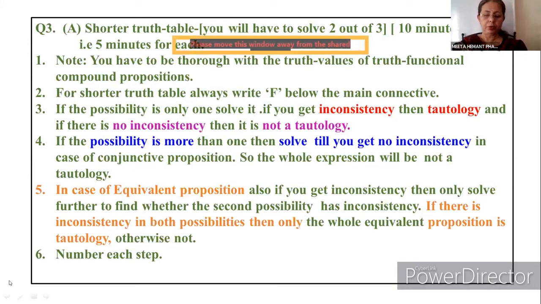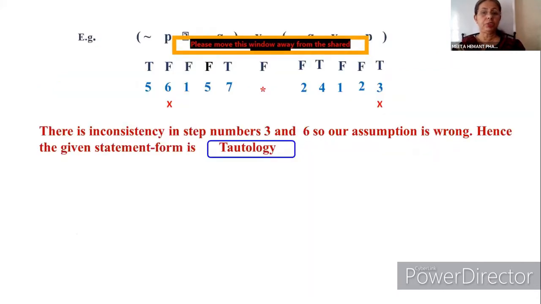Let us take one example. See the solved example here. You have got inconsistency in which steps? In step number 3 and 6. So you have to mark them with a cross below both the steps. And you will have to mention those steps in your reason, where you will be writing that there is inconsistency in step numbers 3 and 6.